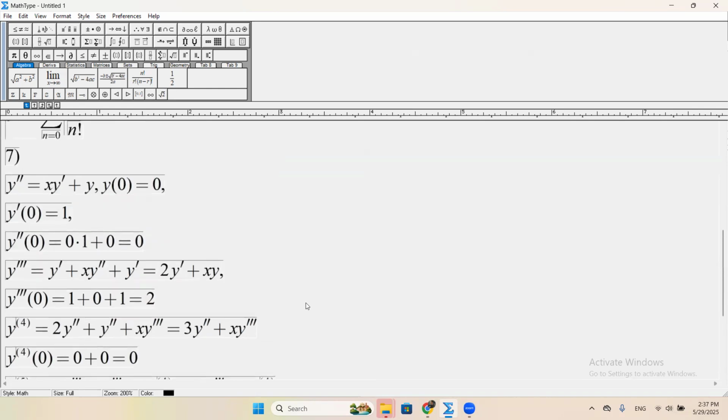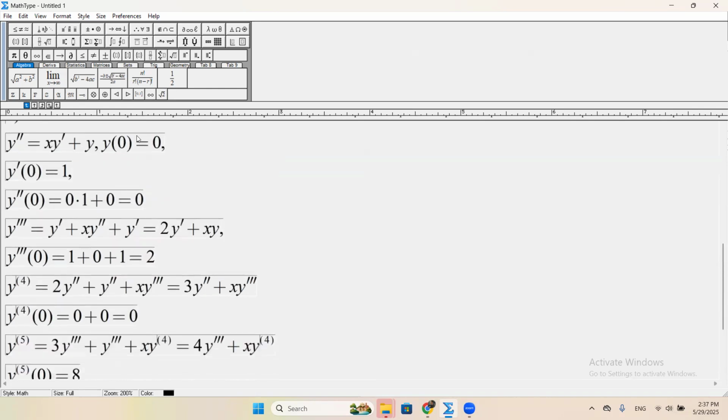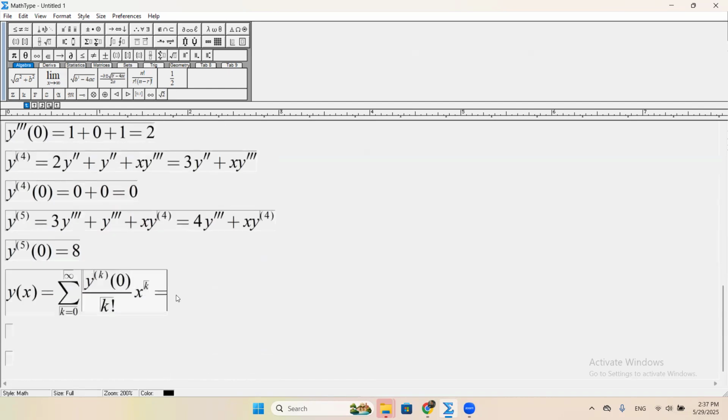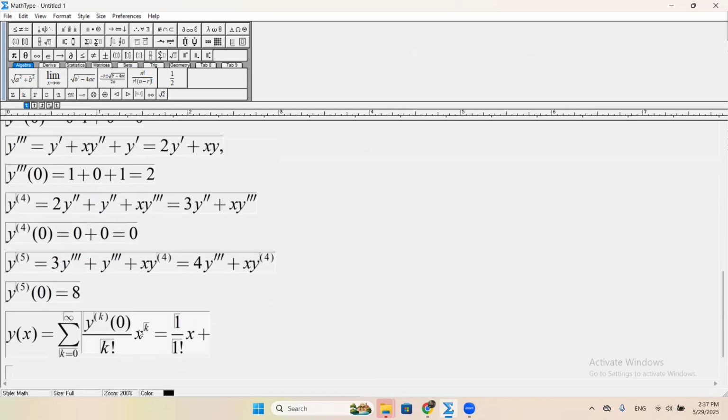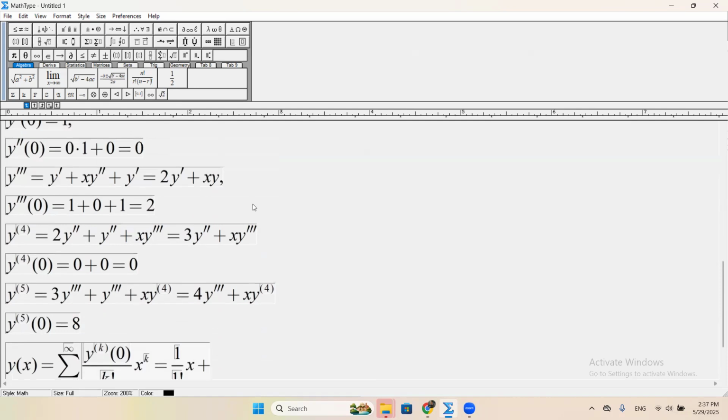So the zeroth derivative equals 0, the first derivative equals 1, so 1 over 1 factorial by x. Then plus, skipping the second derivative.